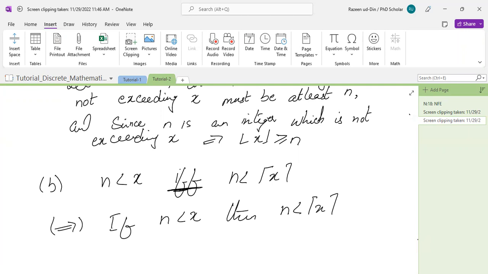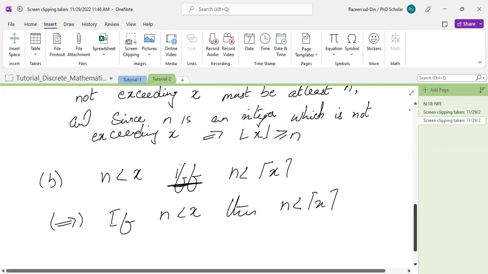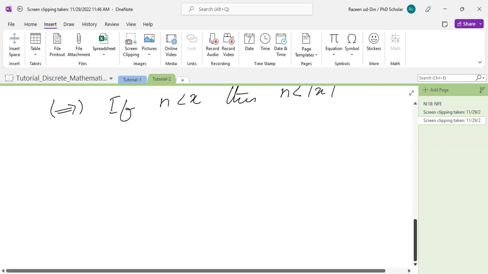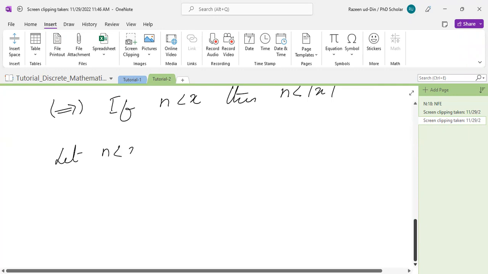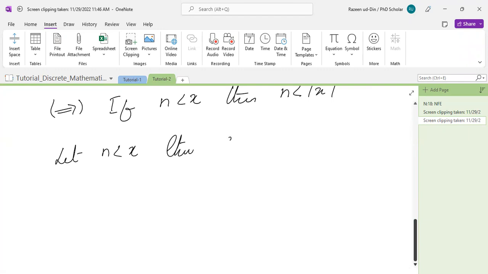Now let n be less than x, then by definition we know x is always less than or equal to ceiling of x, right?